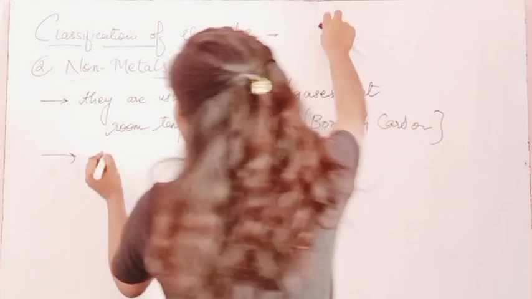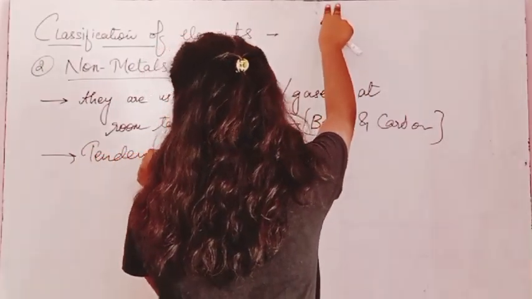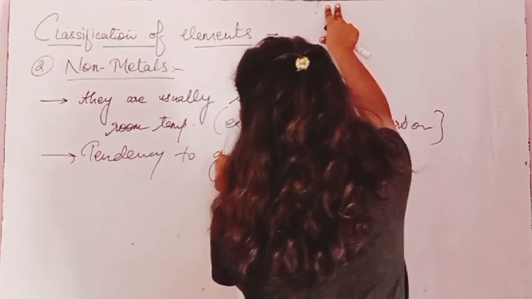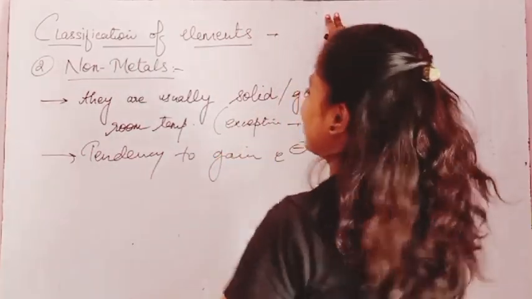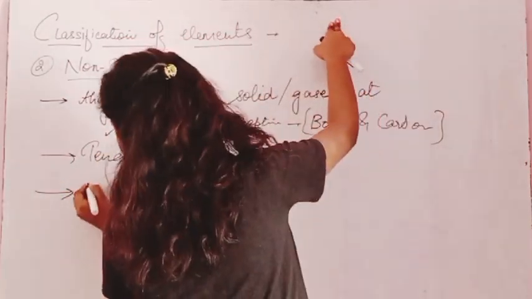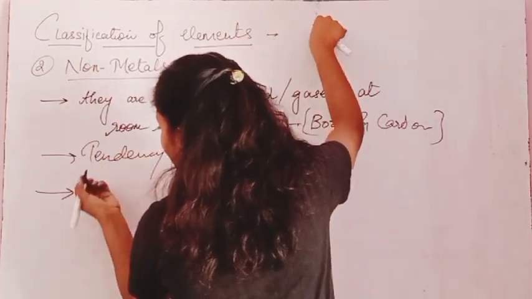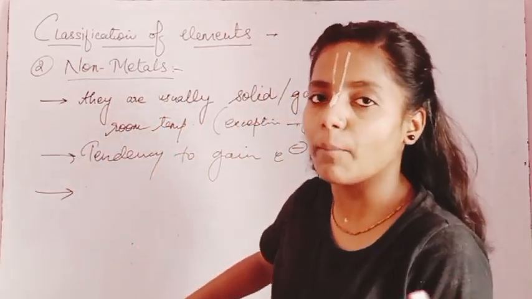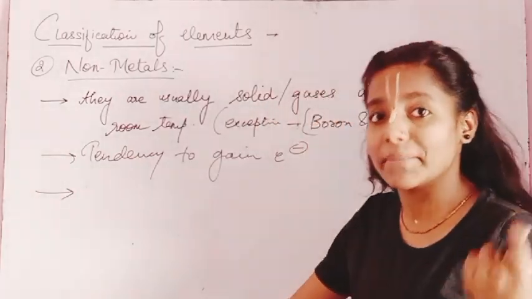So see here, non-metals have tendency to gain any kind of electron. Clear it out? Now your third point about the non-metals is the same thing. In metals we talk about going up to down, we came across the increase in metallic character.